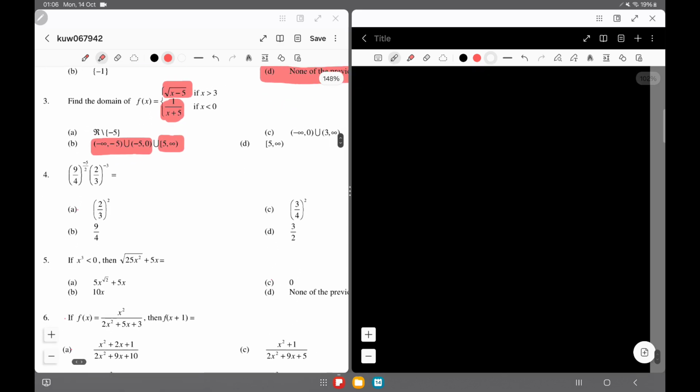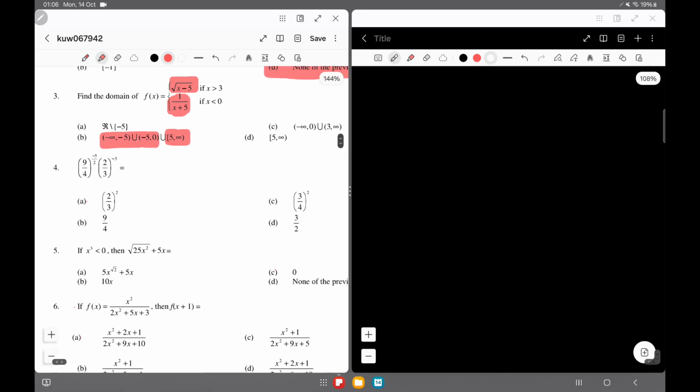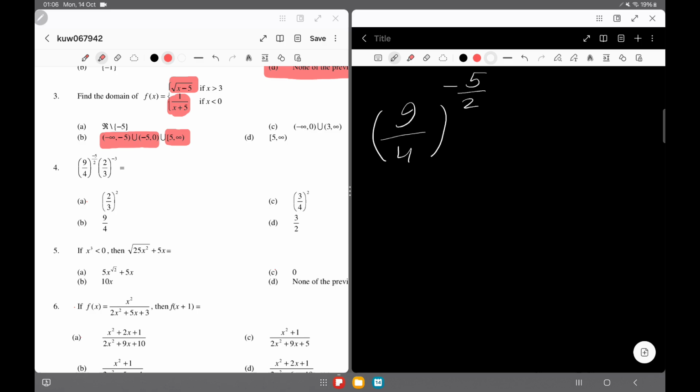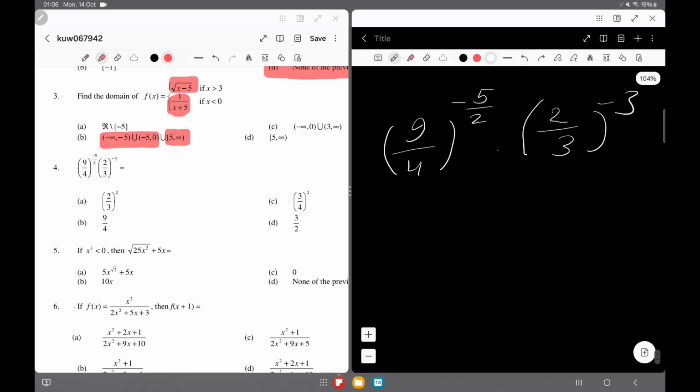Next question, number 4. The question is (9 over 4) to the power of -5 over 2 times (2 over 3) to the power of -3. If we have to remove the negative, what are you going to do?